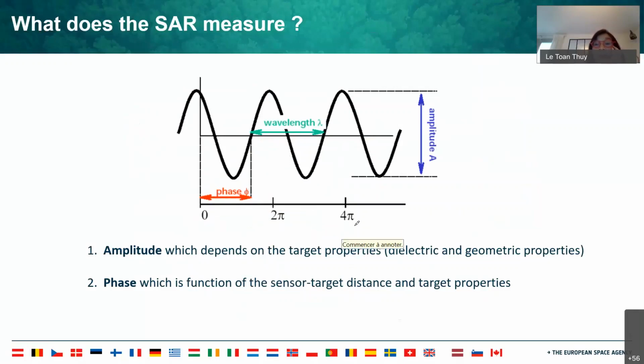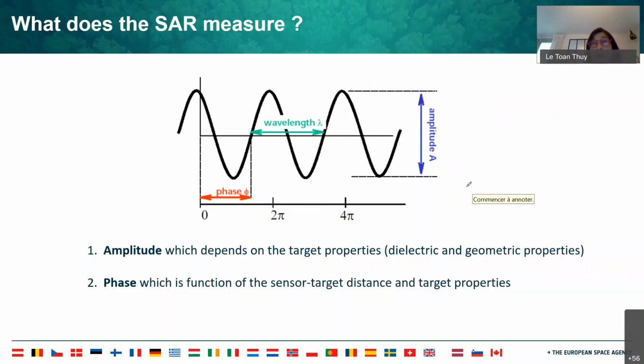And here we have the amplitude A from the max to the mean, and the phase is a part of 0, 2 pi, 4 pi, etc. And the amplitude depends on the target properties, dielectric and geometric properties, and the phase is a function of the sensor-target distance and the target properties as well.